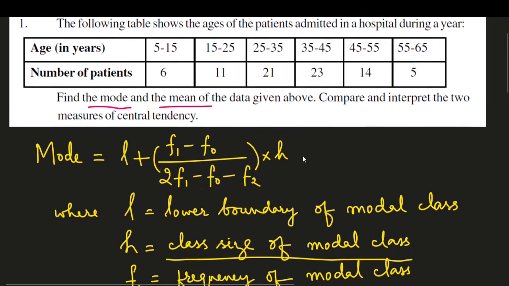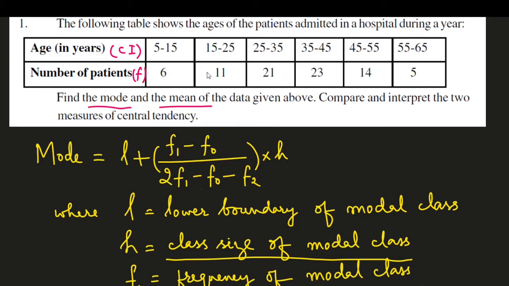Now let us go to the problem. Here the number of patients is frequency, age is the class interval. We can write the age class interval and number of patients frequency as vertical columns, or without writing the vertical columns also, with the available data in the question, we can simply observe the model class.